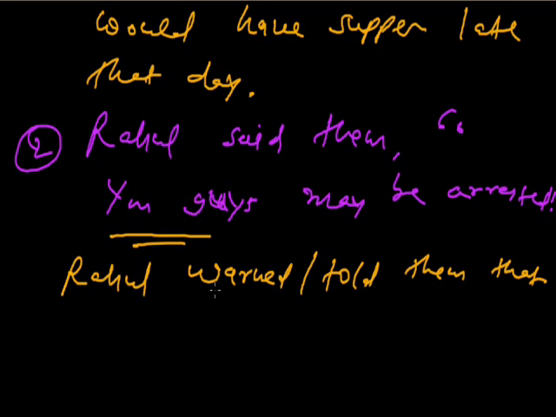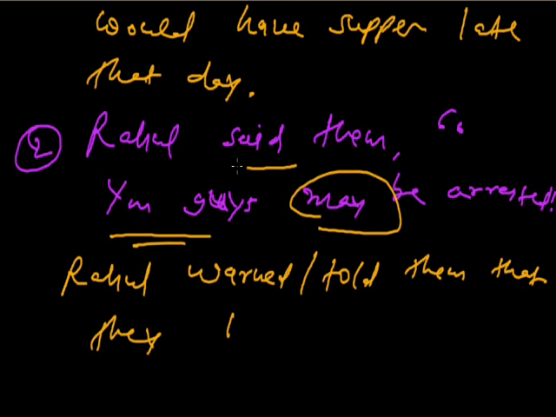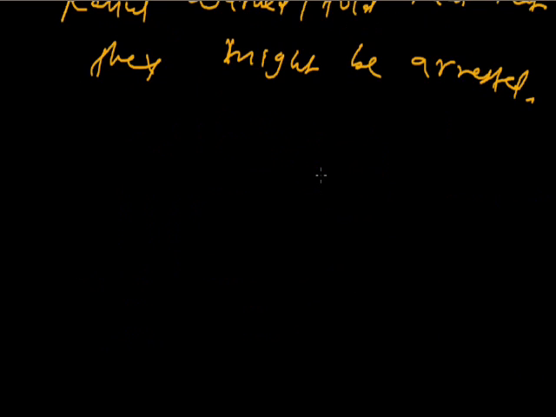Rahul warned or told them that they, and "may" will be changed into "might". Clear? As the reporting verb is in the past, "may" will be changed into past. That they might be arrested.